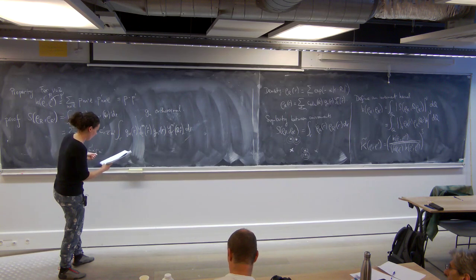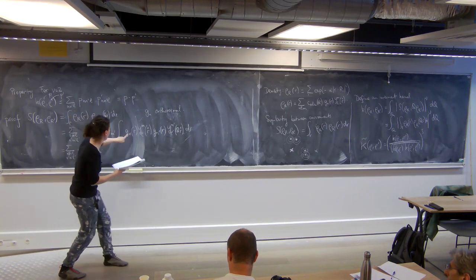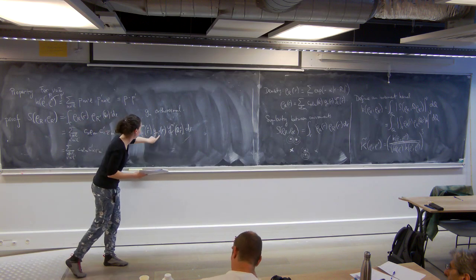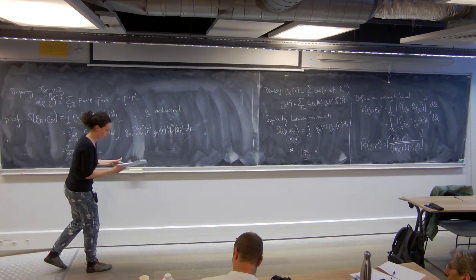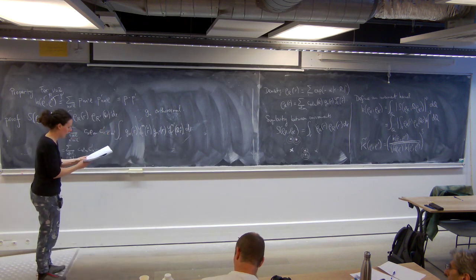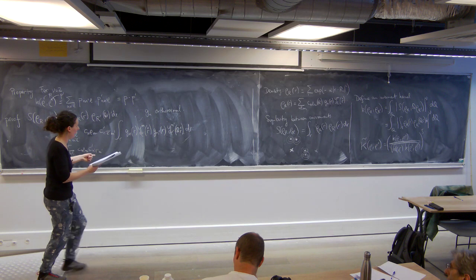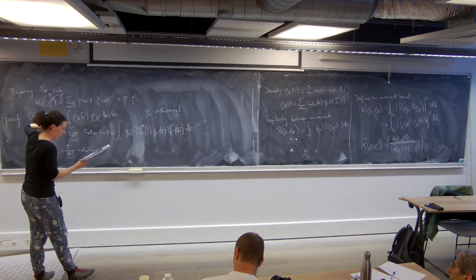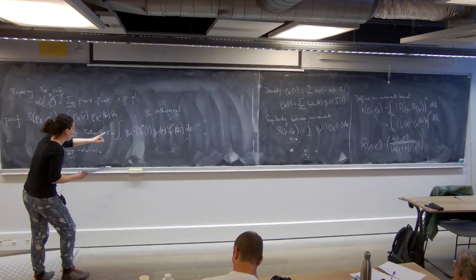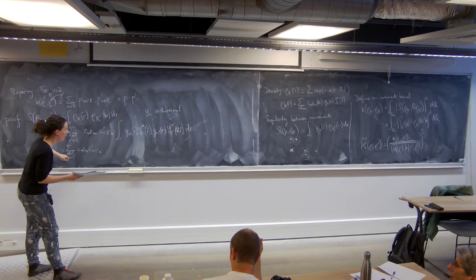First, we can remove the sum over n prime because n has to be equal to n prime for this to be non-zero. For the l, we have to keep it for now, and so l has to be equal to l prime.